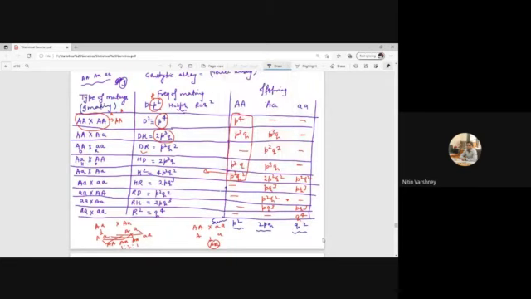Suppose this is my DH and HD. So this is what? Reciprocal crosses. Similarly, HR and RH. This is also reciprocal. Okay, now if I combine all these, we will remain with 6 matings.